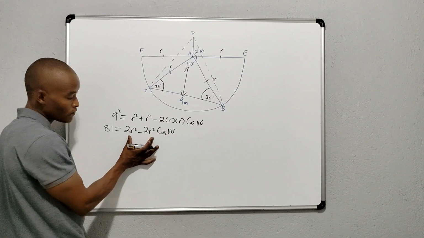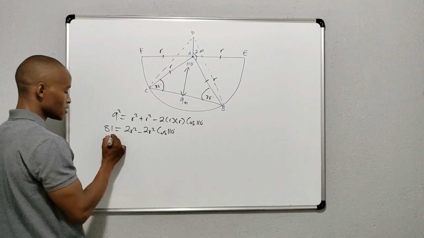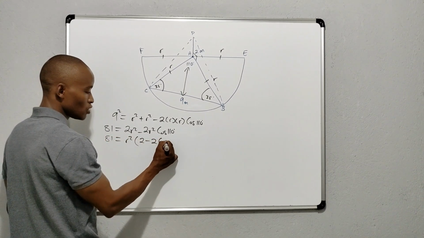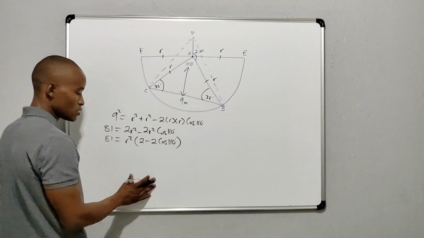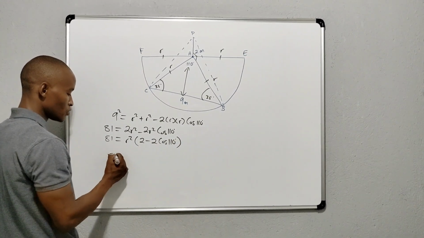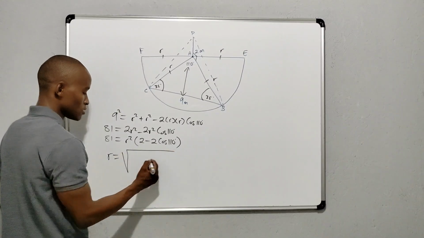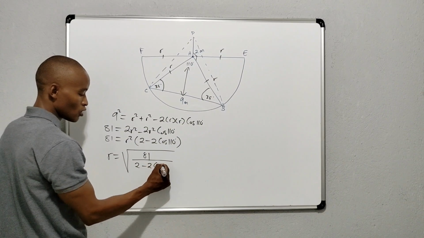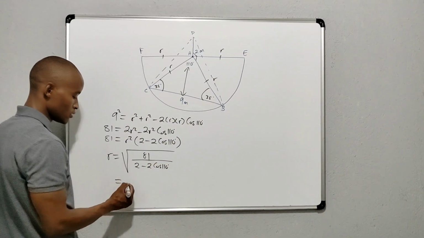We are looking for the value of r, so let us factor it out. r squared is equal to 81 over 2 minus 2 cos 110 degrees. Okay, and therefore if you divide both sides by it and take a square root, r will look like this: the square root of 81 over 2 minus 2 cos of 110 degrees.